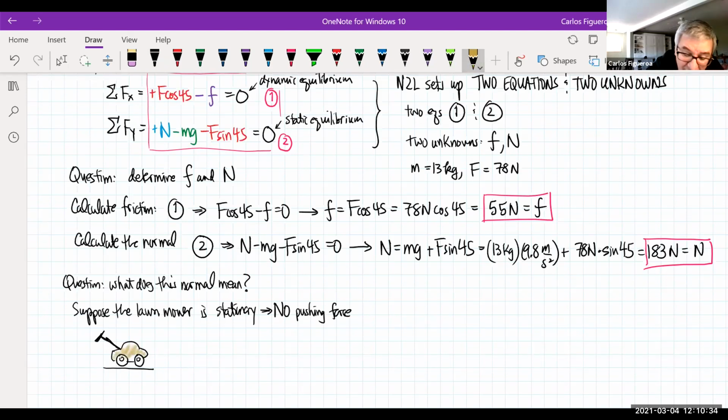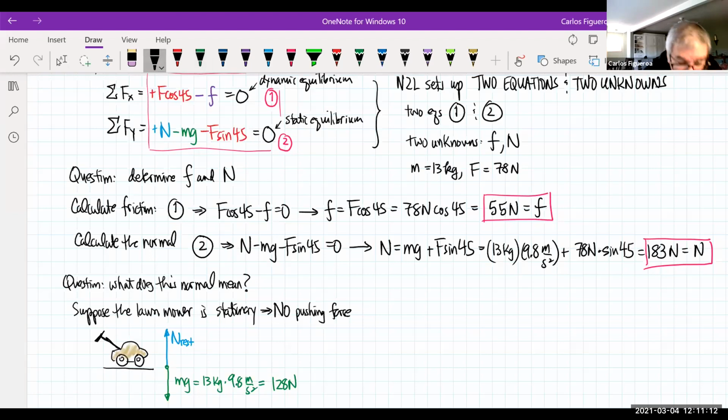In this scenario, the ground is pushing up with the normal, which I'm going to call the normal at rest, and the weight of the mower is mg. That's 13 kilograms times 9.8 meters per second squared, which is 128 newtons.